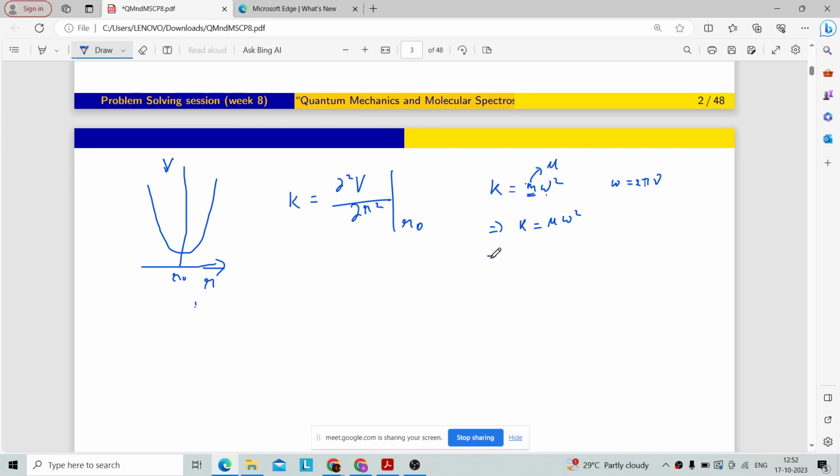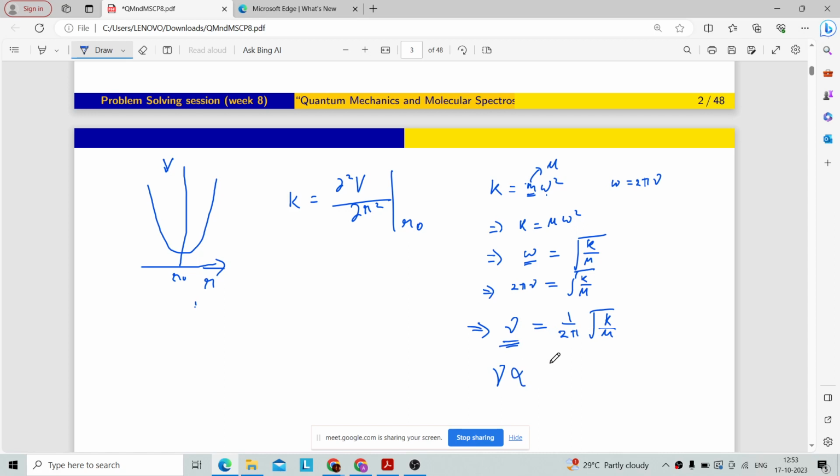Then omega will be root over k over mu, and this omega is 2 pi nu, so nu will be 1 over 2 pi root over k over mu.